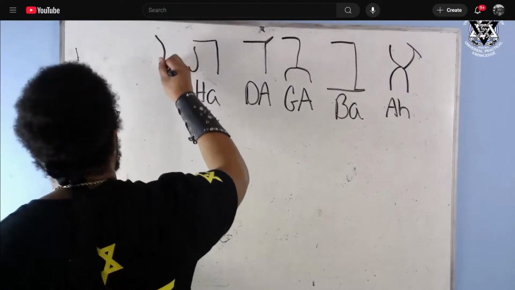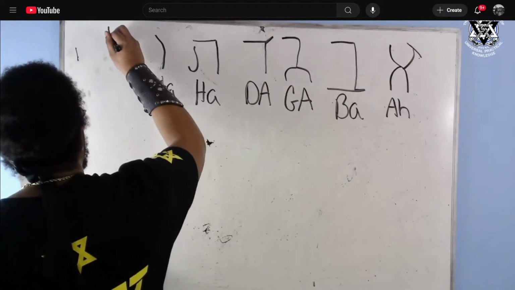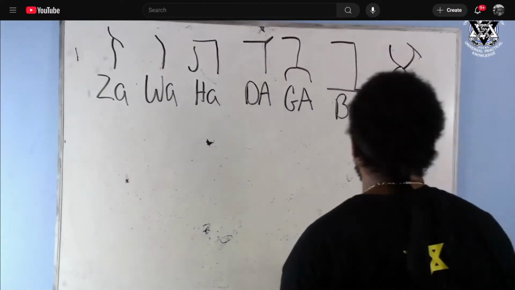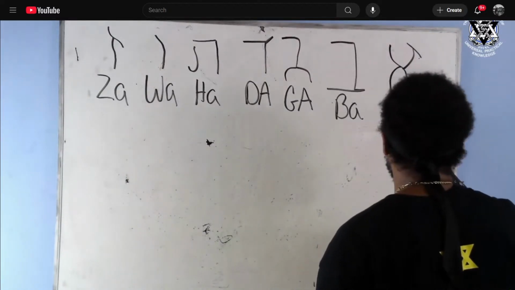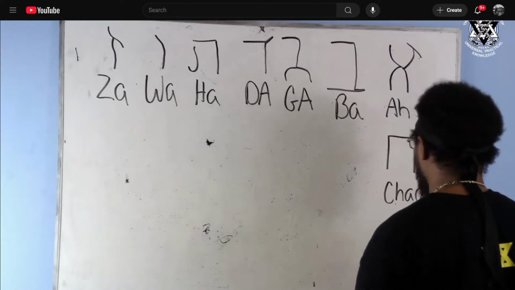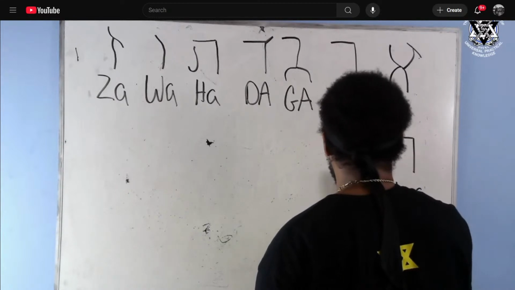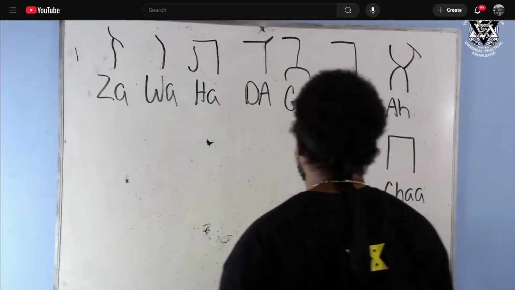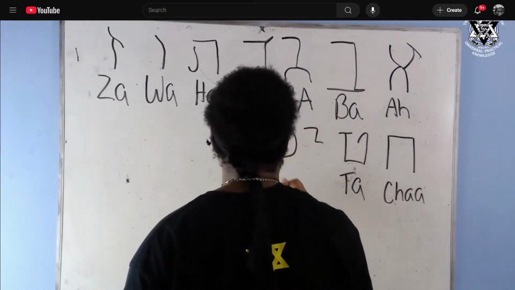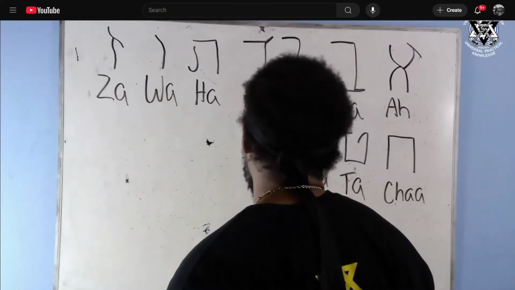Wa. Za. Ka. Ta. Ya. Ka. And then we got the ending Ka.